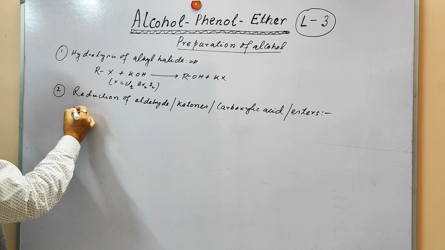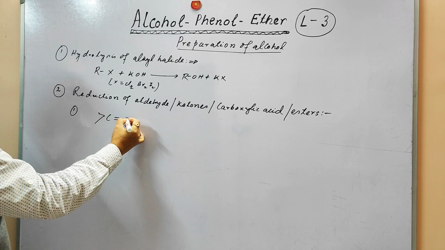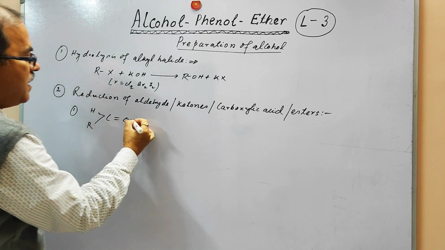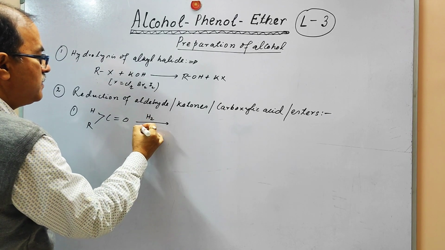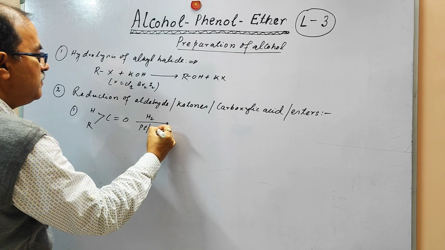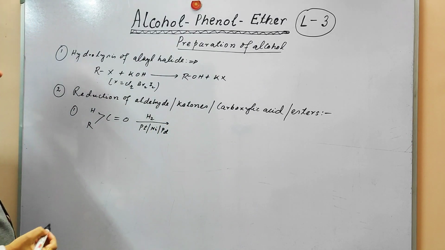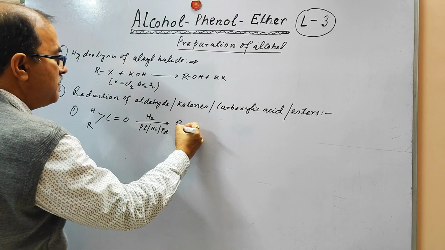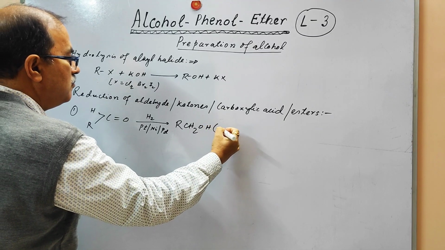First reaction that we are taking, suppose this is aldehyde. When aldehyde is reduced in presence of hydrogen and finely divided platinum, nickel or palladium, we can find that it has been reduced into the primary alcohol, 1 degree alcohol.